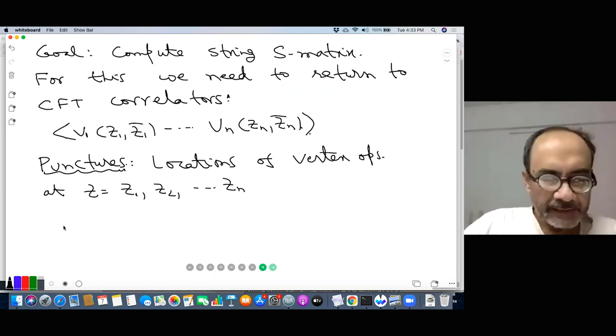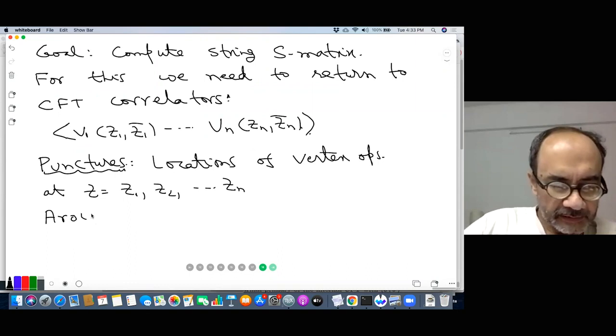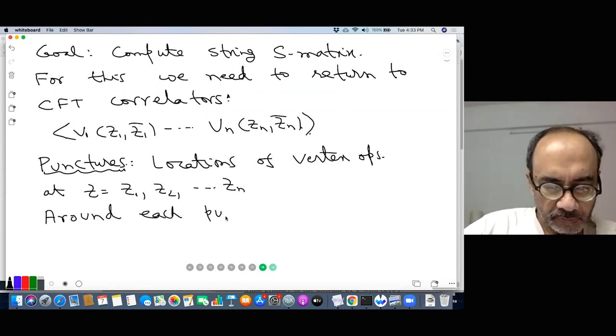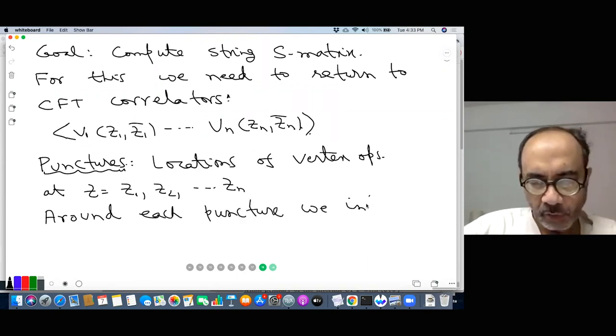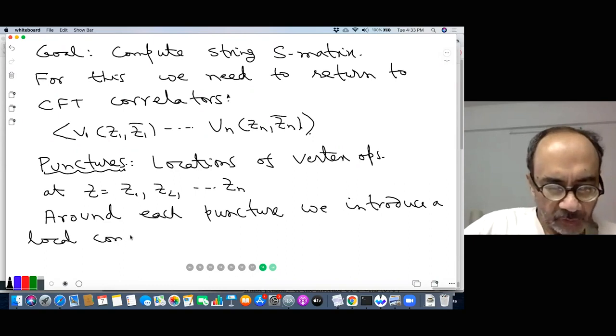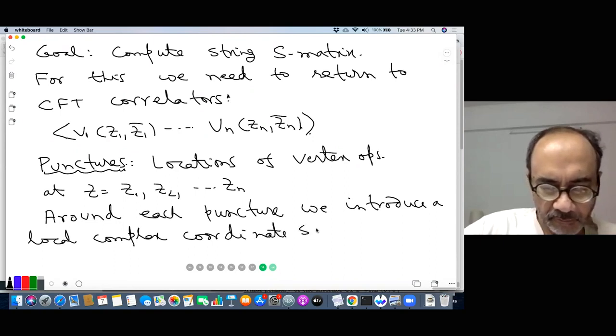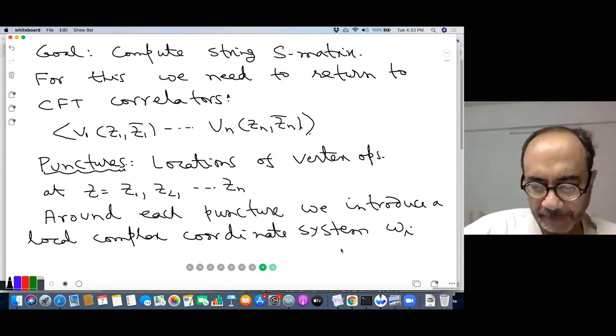Now we introduce something new. Around each puncture, we introduce a local complex coordinate system which I'll call Wi.